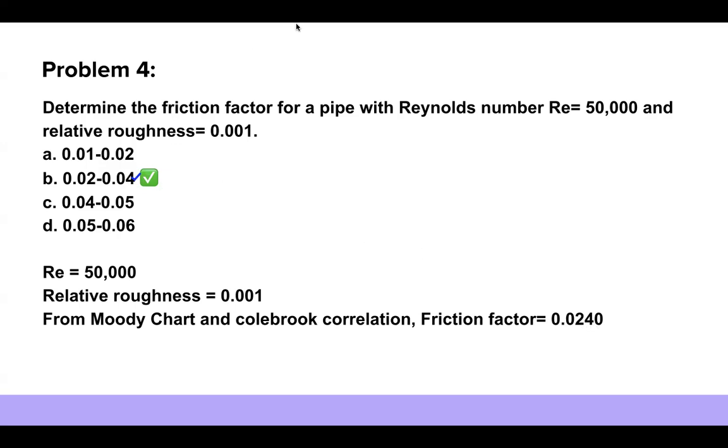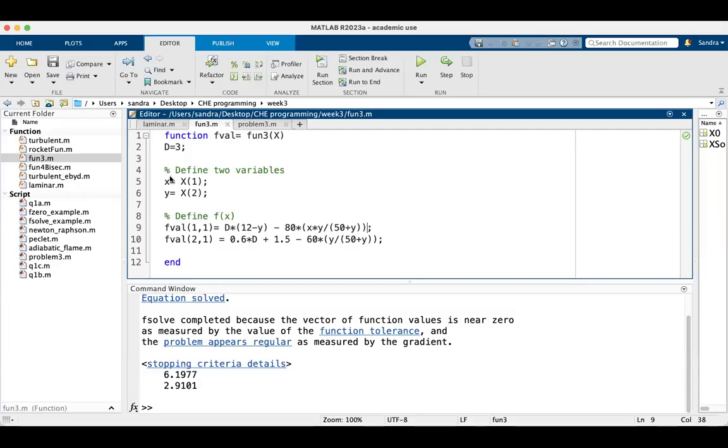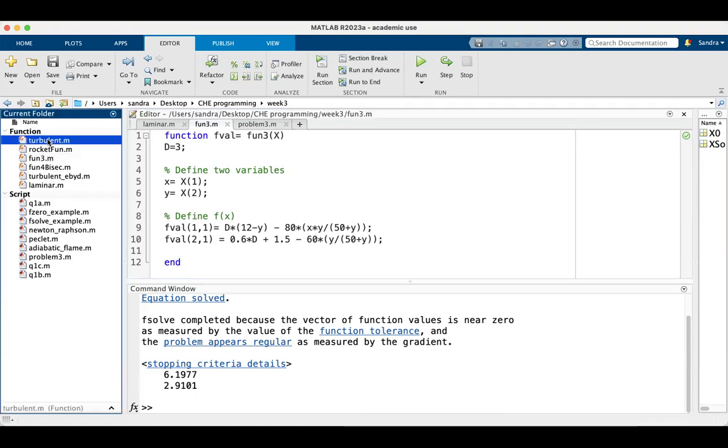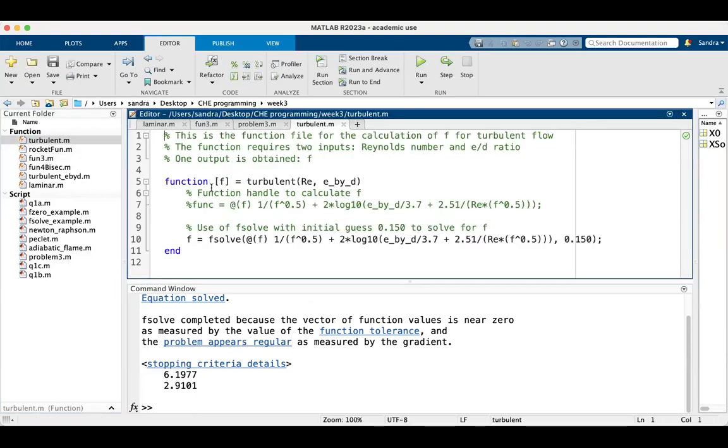If you have a doubt, we'll use Matlab also. 50,000 and 0.001, right? So we can use the function that we've already written, that is the turbulent one. Where is it? Just give me a second. Yeah, this function. The input that you have to give is Reynolds number and E by D ratio.